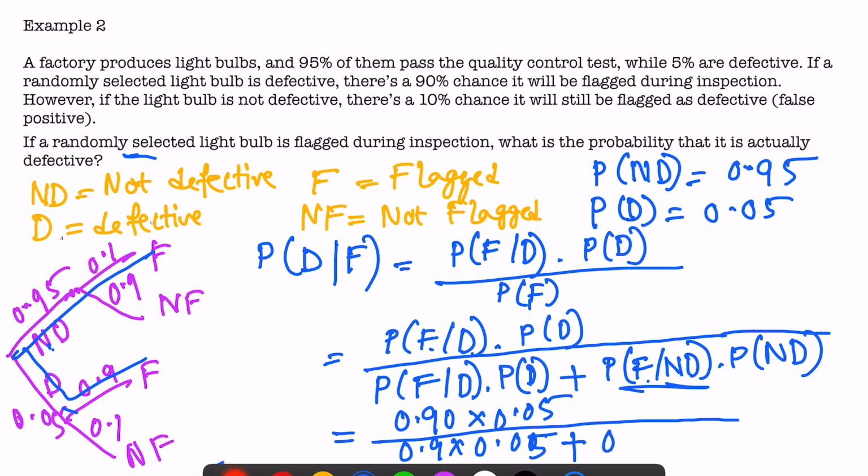So this is 0.1 multiplied by 0.95, right? So if we just calculate, this will come around 0.045 divided by 0.14, which will be approximately 0.3214. We can verify the result, but this is how we calculate the conditional probability using Bayes theorem.